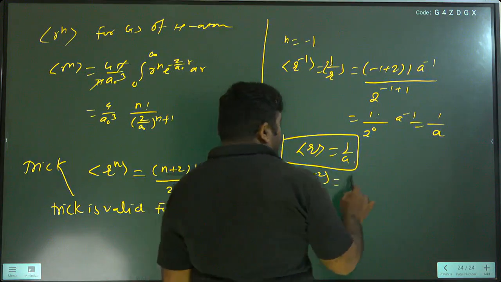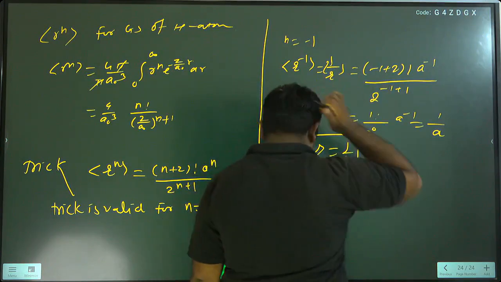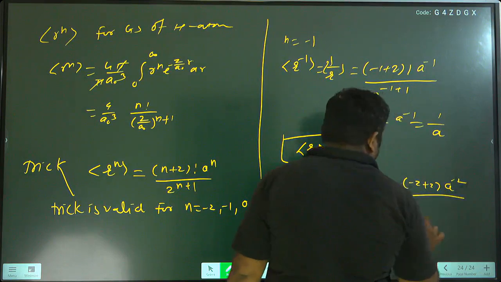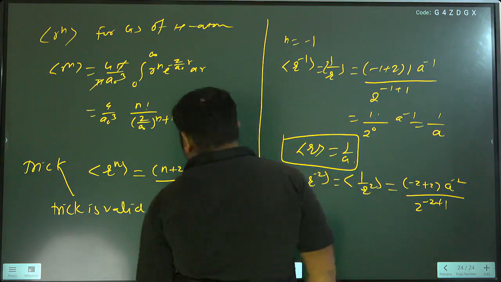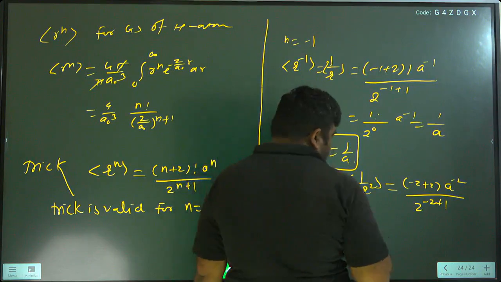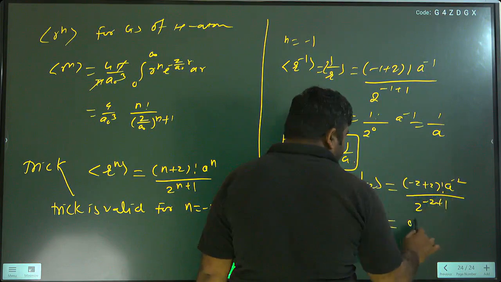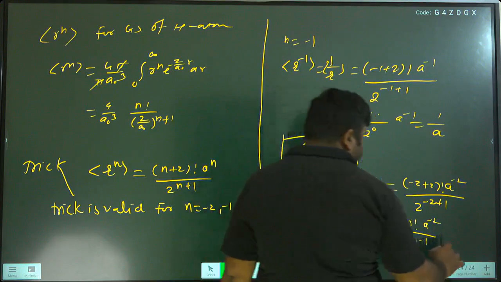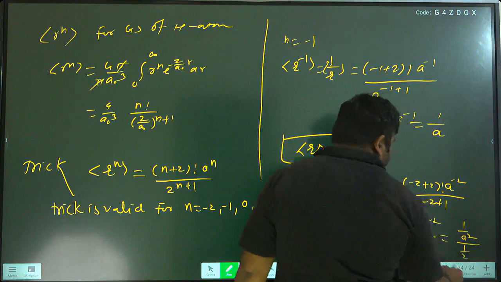R to the power minus 2 means 1 upon r square is equal to, yes, n is equal to minus 2 plus 2, a to the power minus 2 divided by 2 to the power minus 2 plus 1. n plus 1 ना, तो minus 2 plus 1 is minus 1. तो देखिए, plus 2 minus 2 get cancel, 0 factorial upon a to the power minus 2 upon 2 to the power minus 1. 0 factorial is 1, means this can be written as 1 upon a square divided by 1 upon 2. 2 going in the numerator.